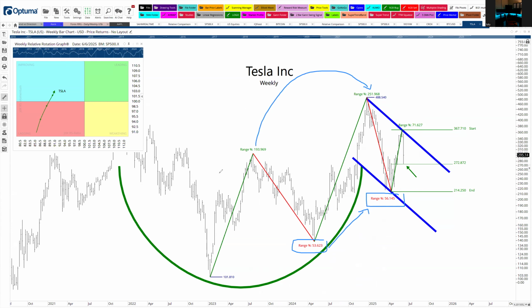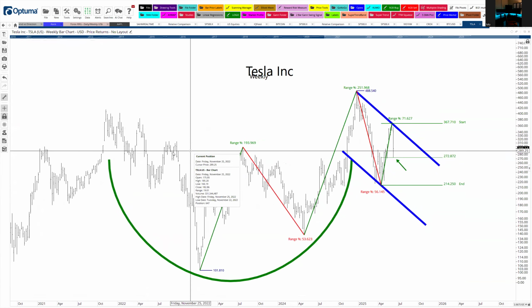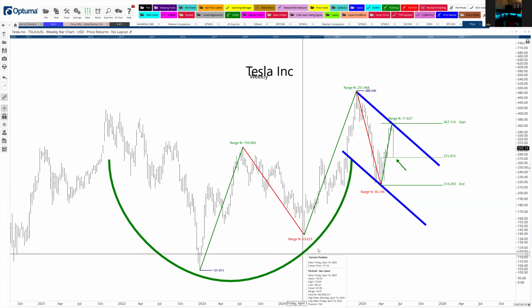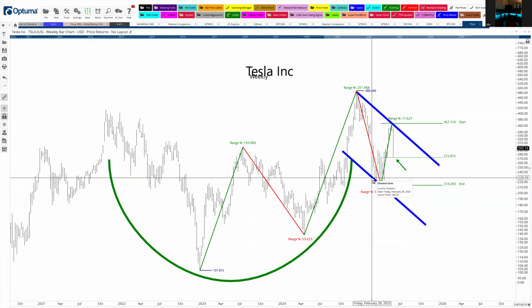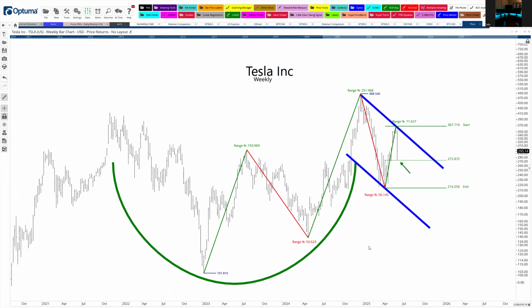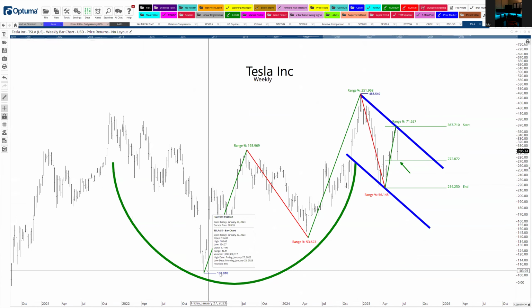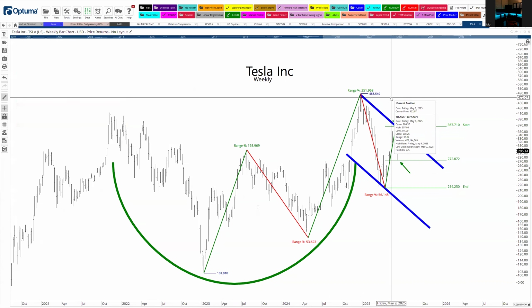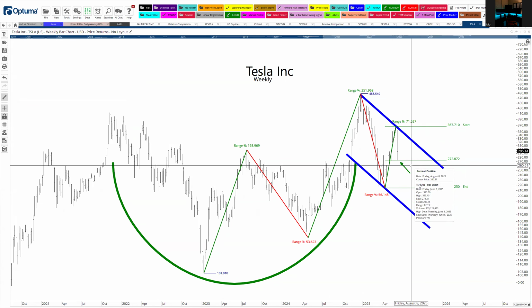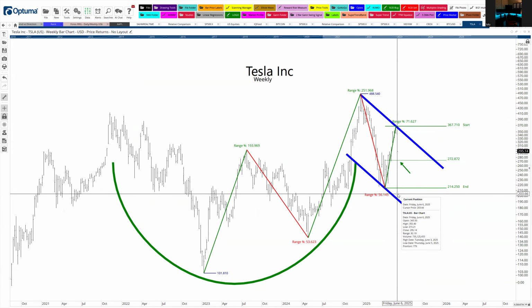Now the question to me, I'm trying. It's getting very difficult for me to label this damn thing. I can make a case here for a sort of cup and handle. Call it that. It looks like a rounding bottom that went up slightly and backed off, failed.